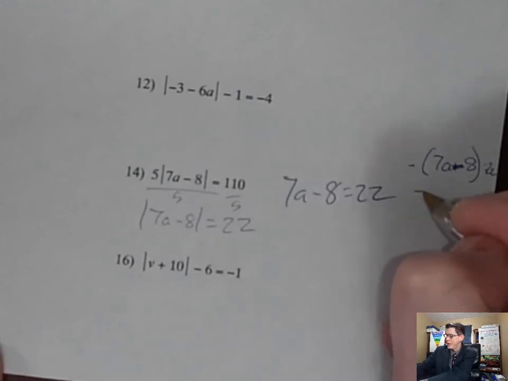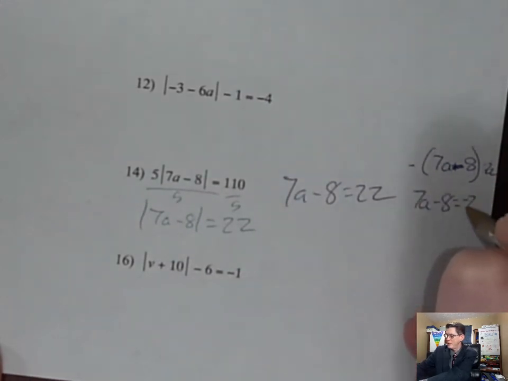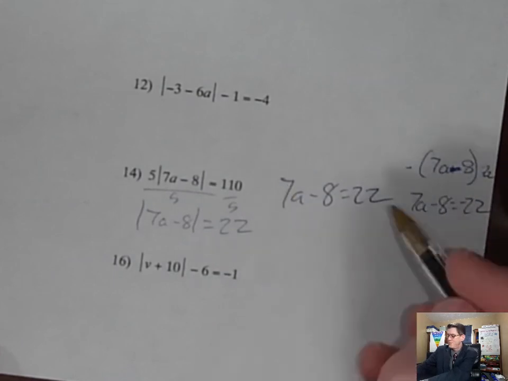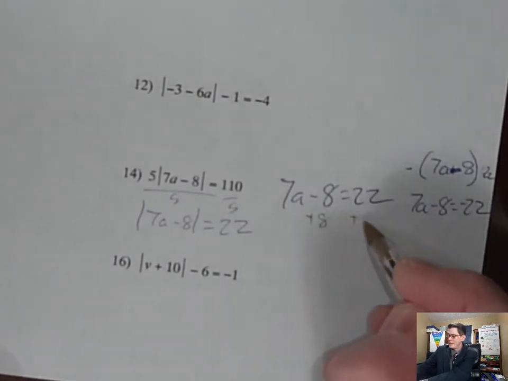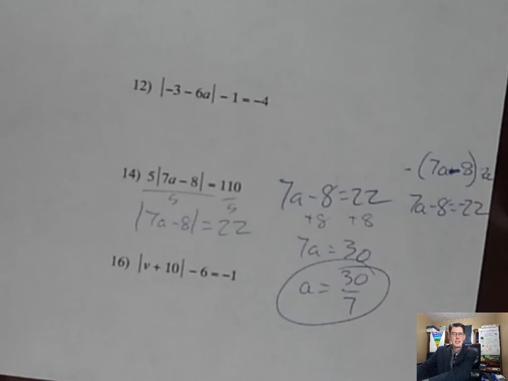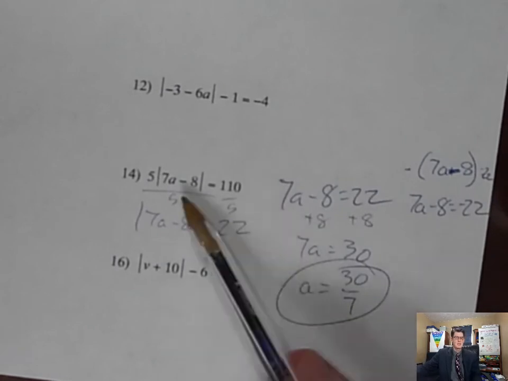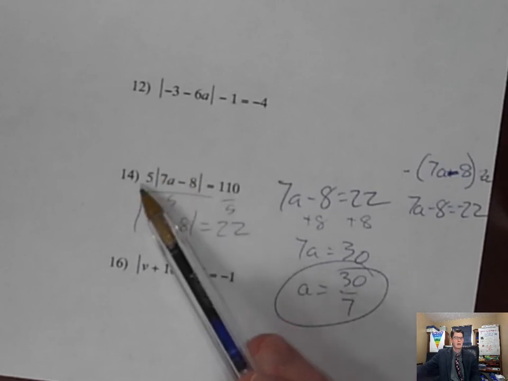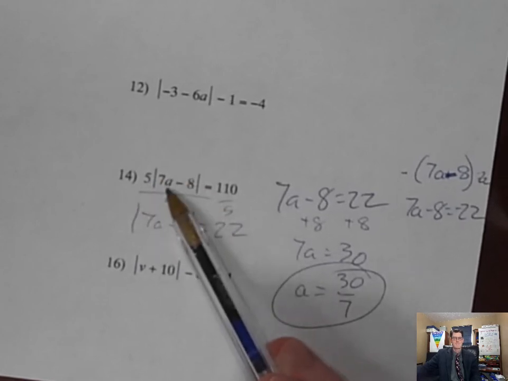And then we move the negative over, 7a minus 8, we divide by negative 1. So those are the two possible answers. Add 8, 7a is 30, divide by 7. So one answer is 30 sevenths. If you put 30 sevenths in place of a, you'll get 110 when you work out that expression.